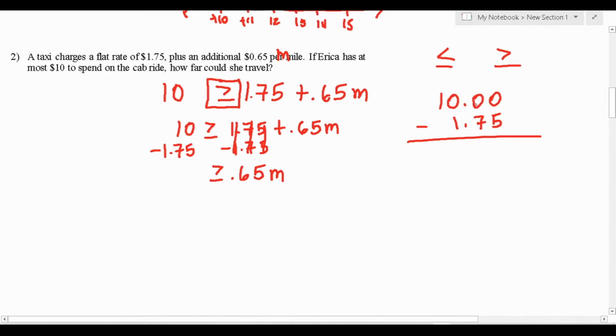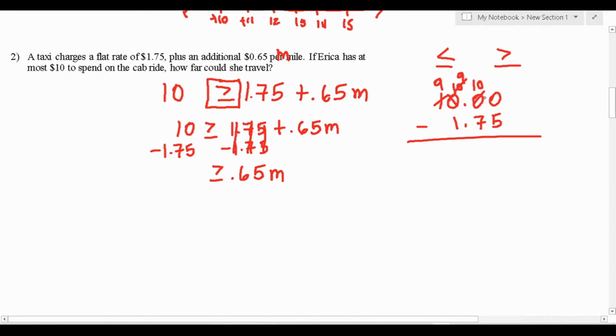Since that's 0, we can't borrow, so we have to go to the next number over. Can't borrow since that's 0, so we're going to have to borrow all the way over here. This is going to become 9. This is going to become 10. Again, we still can't borrow to do this 0 minus 5, so we have to borrow one more time. This becomes 9. Now this becomes 10.